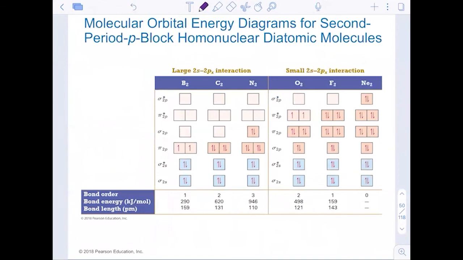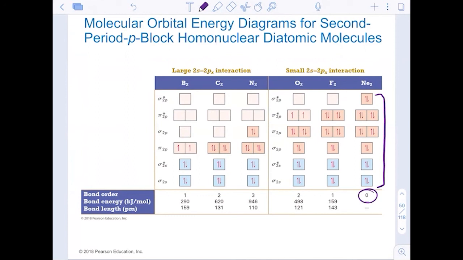So here's where we start to look at our orbitals and our bond orders. All of these diatomics do technically exist: boron diatomic, carbon diatomic, nitrogen diatomic, oxygen diatomic, fluorine diatomic, except for neon diatomic. Why does neon diatomic not exist? When we fill this whole orbital diagram, we see it ends up with a bond order of 0.